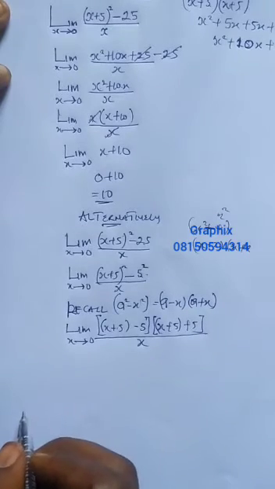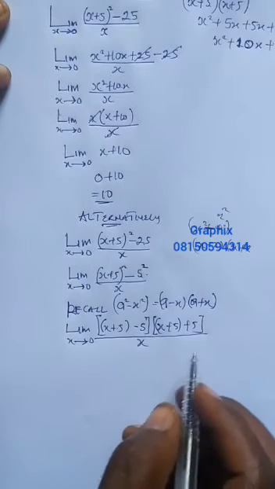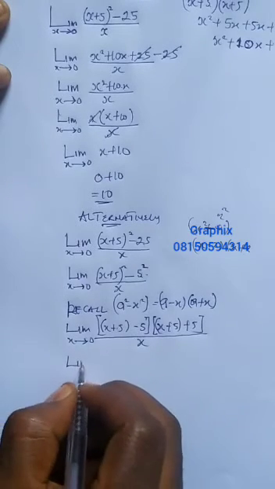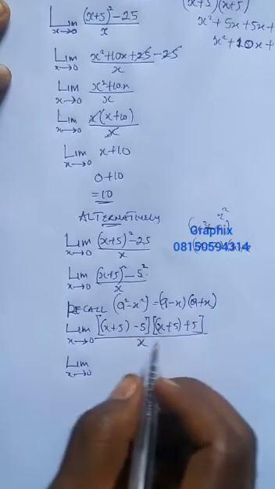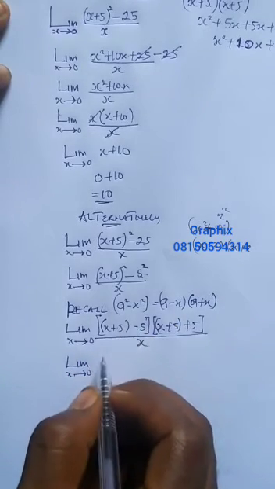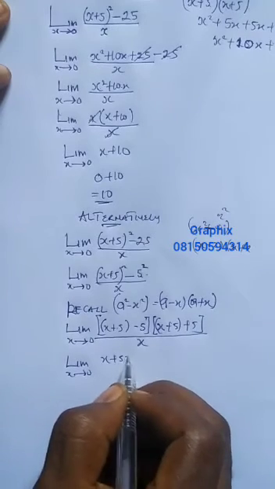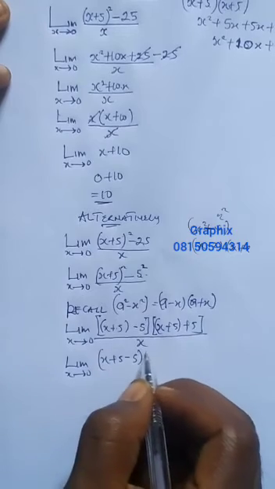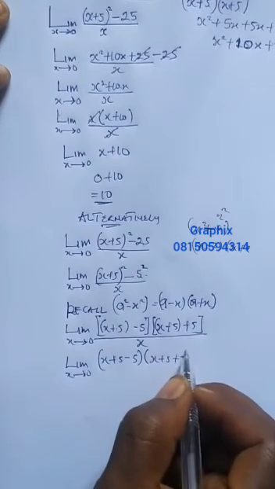Now in doing that, I can easily say my limit as x tends to 0. Now we'll be having this. If I open the brackets, I'll be having (x + 5 minus 5)(x + 5 plus 5).